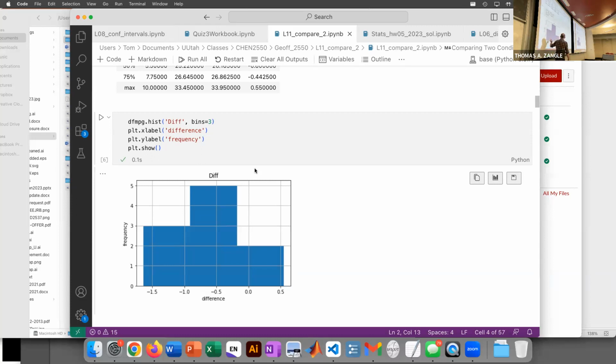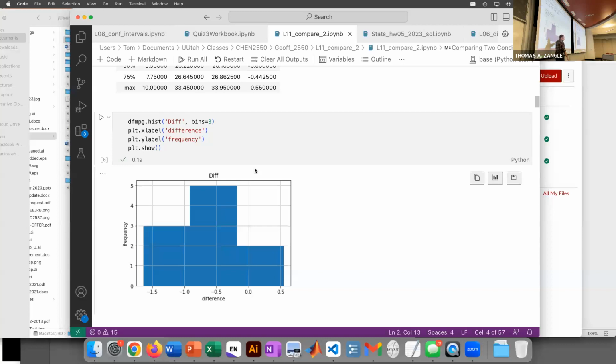But to use the t distribution to look at the mean of this set of experiments, we need to know that the underlying distribution of the population is normally distributed.